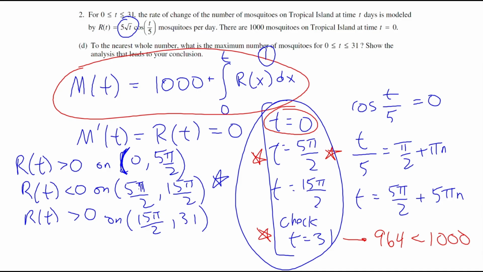Or we checked 31 and said, oh, it's 964, and that's less than 1,039. And that is it for this rate FRQ, which was question number 2 from the 2004 Form B AP Calculus AB exam.